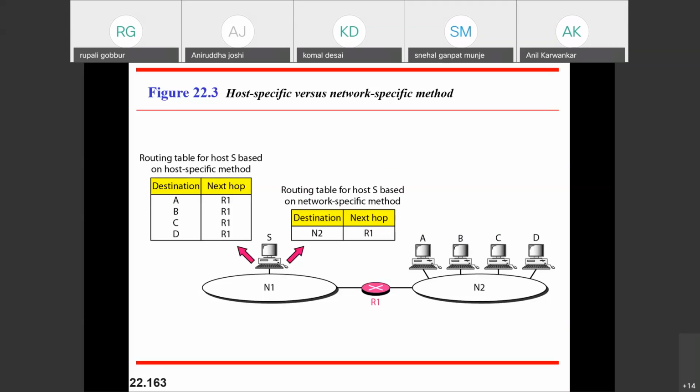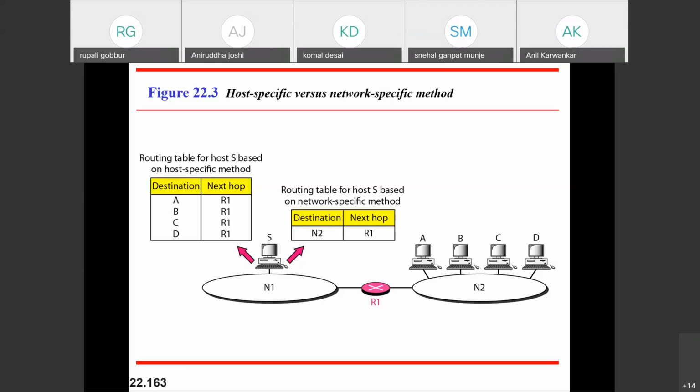All the terminals that are connected to N2 can be accessed, or can be part of the network, for the packet that is being transmitted from S. Routing will be from S to N1, N1 to R1, R1 to N2, N2 to A. If S wants to communicate with A, that is S to N1, N1 to R1, R1 to N2, N2 to A.